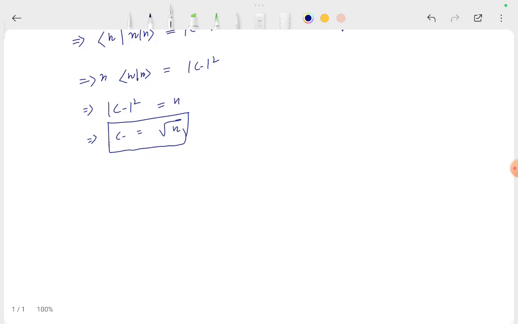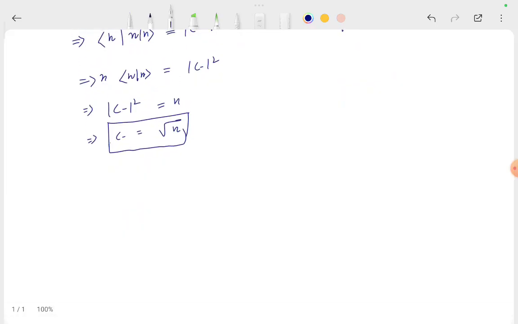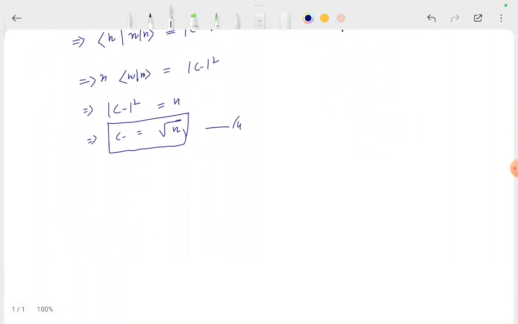For c plus we perform the same process. This is equation number 4. Again we take the Hermitian conjugate of equation 2.